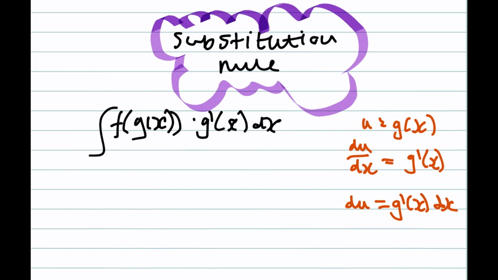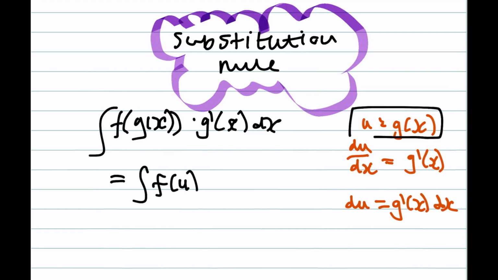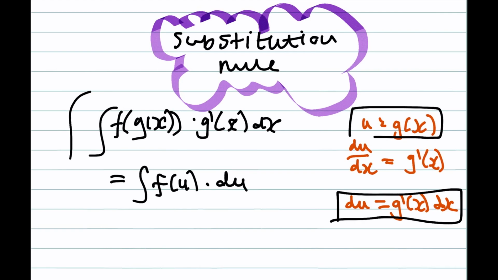Well, then our original integral becomes integral of f of u, because of the substitution we made over here, times g prime x dx, which we've now found to be du. And this is our substitution rule.